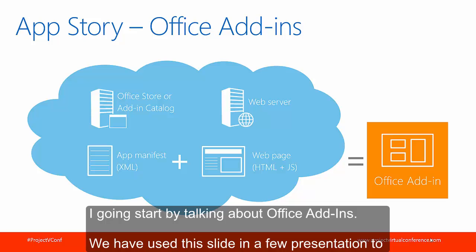In our case, we host our Office add-ins on an Azure website. The only other component of an Office add-in is an app manifest file. This is an XML file that identifies the application to the Office Store. It contains information like the access level the application needs and where the actual application is located.